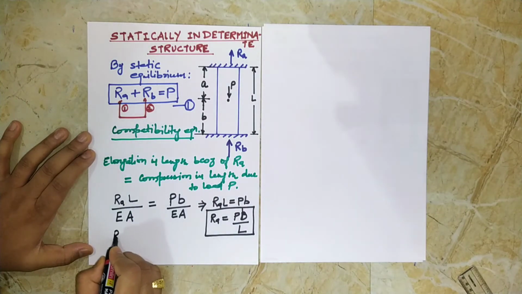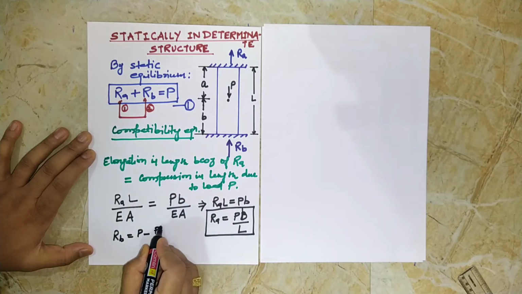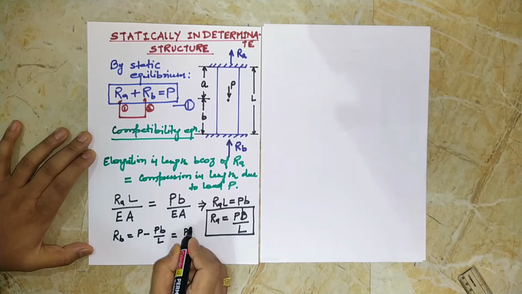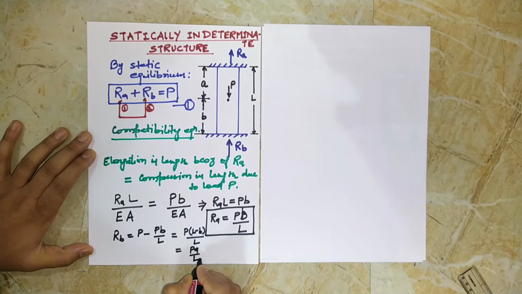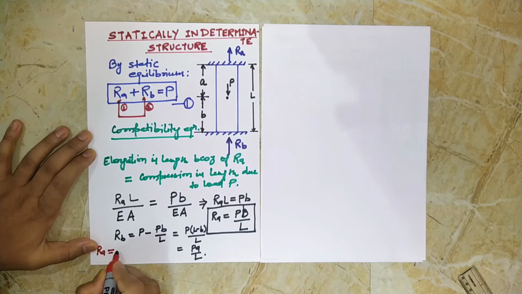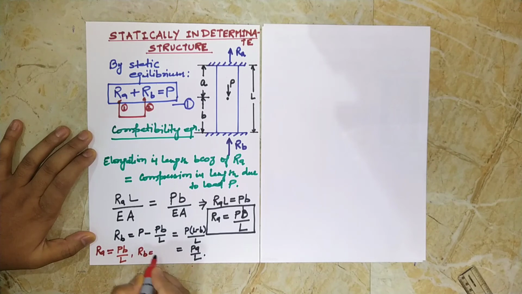So RB will be equal to P minus PB by L, which is equal to P into L minus B by L, which is equal to PA upon L. Now we are able to find both RA and RB. Let us write it down: RA is PB by L, and RB is equal to PA by L.